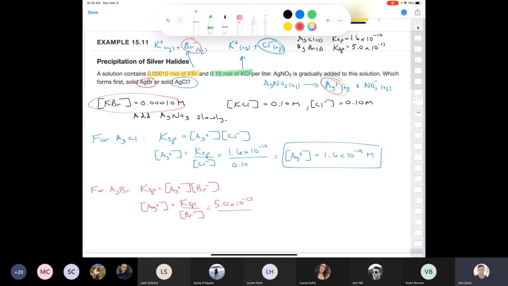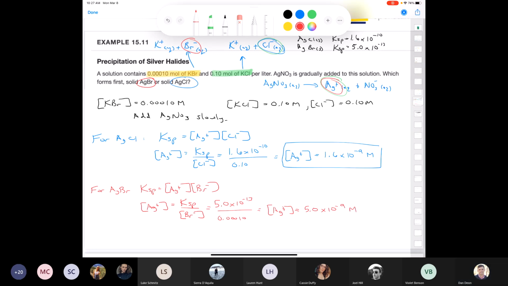Why? Because KBr is going to dissolve completely, the ions separating to give me 1 bromide for every potassium bromide. So I have a concentration of 0.00010 molar. And we get the concentration of silver for precipitation of the silver bromide to occur: 5.0 times 10 to the negative 9 molar.